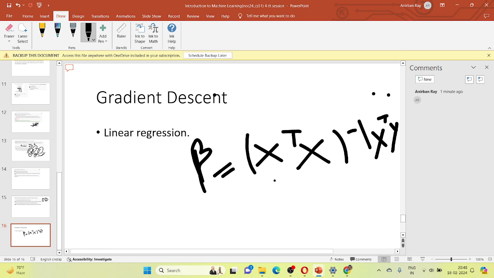So it is computationally expensive if the size of x, the feature matrix, is large.